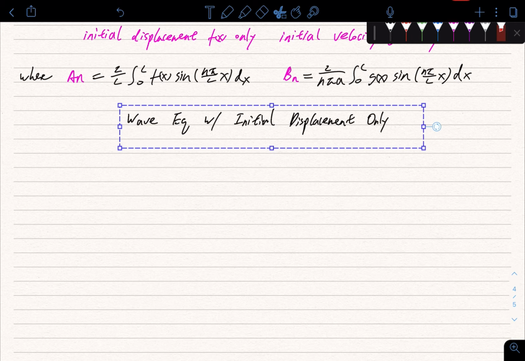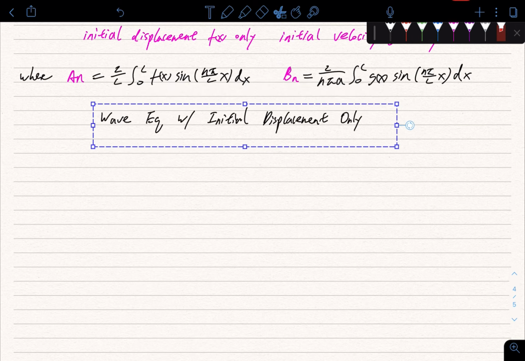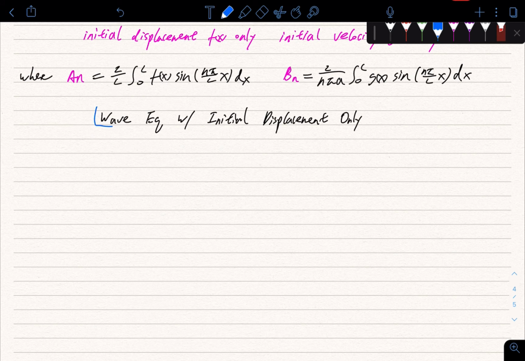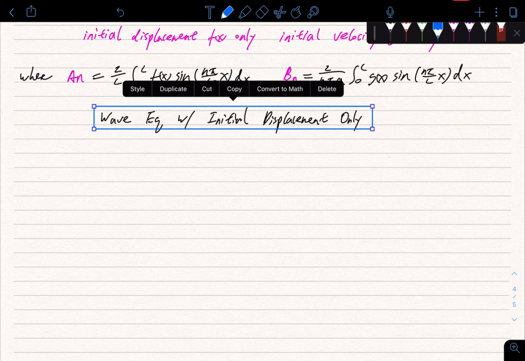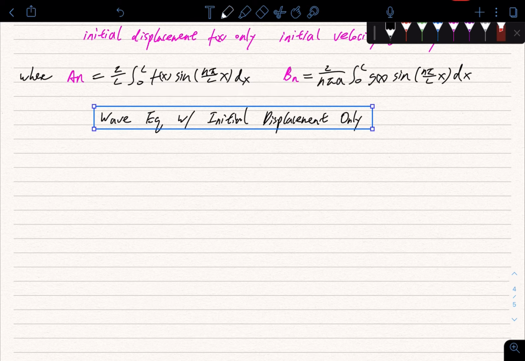And again, based on the question that you're given, you should be able to figure out the values of a and L pretty easily.